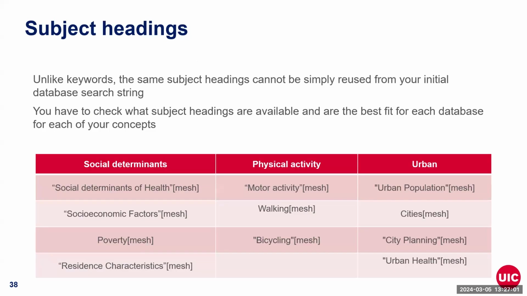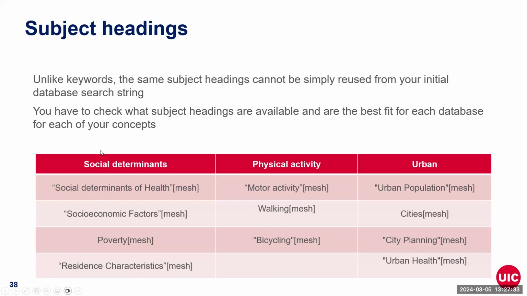Okay, so subject headings. Unlike keywords, the same subject headings cannot simply be reused from your initial database search string with just the formatting changed. You have to check what subject headings are available and are the best fit for each of your concepts in each database. Here is an example from the original PubMed search. We have our concepts, and underneath are the subject headings that we found in PubMed for each of those concepts.